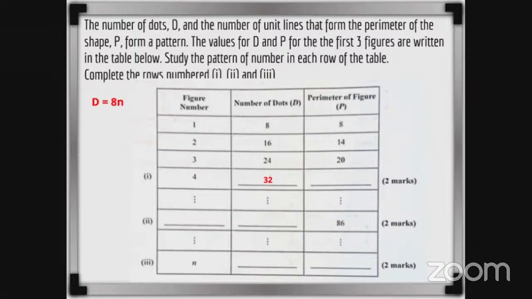And we saw that if you have n being the figure number, so for the first figure, 8 multiplied by 1 gave us 8. The second figure, 8 multiplied by 2 gave us 16. The third figure, 8 multiplied by 3 gave us 24. And for the fourth figure, 8 multiplied by 4 gave us 32. So we agree that those answers are correct, right?